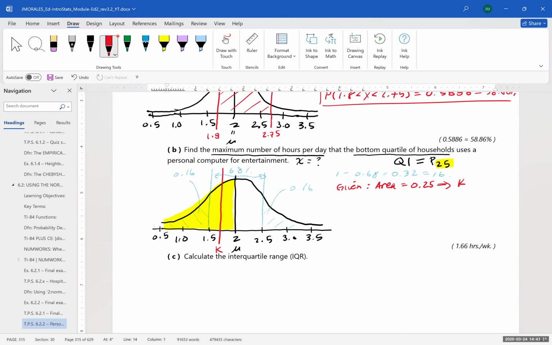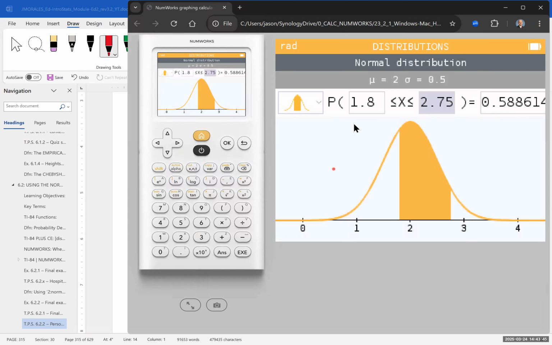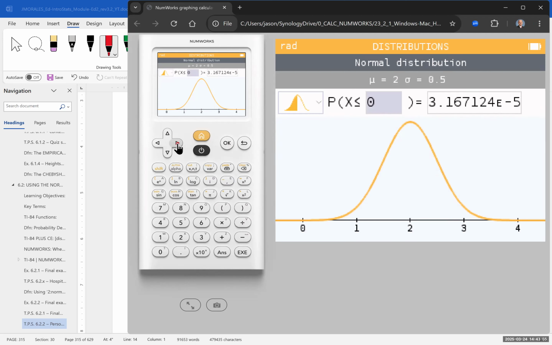So for this, we want to use an inverse distribution function, okay? So let's use NumWorks first for the NumWorks people. So what we want is the area to the left, and the area is going to be 0.25. So the value is going to be 1.66.